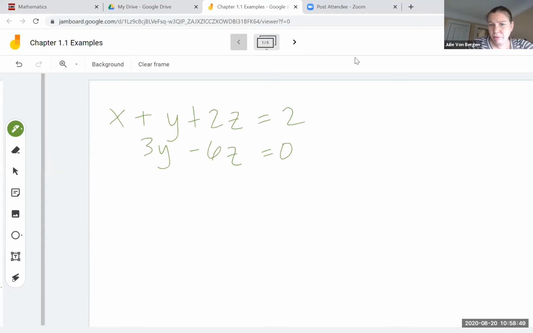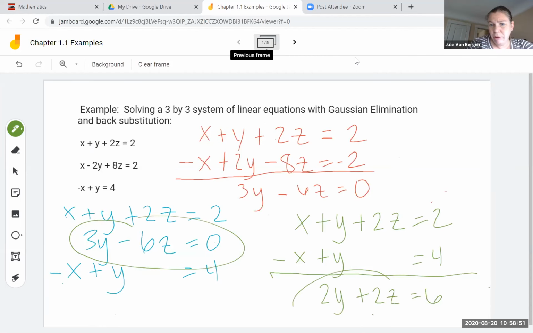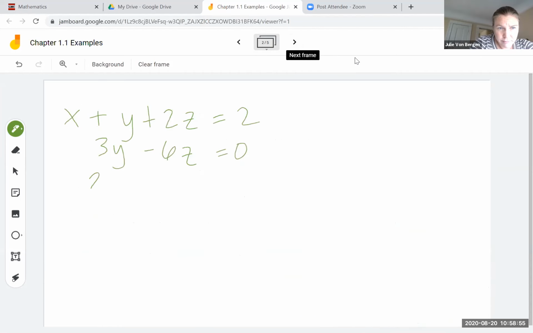And our third equation is this new equation that we've worked out, 2y plus 2z equals 6. I want to get z by itself in the third equation, so I am going to do that by taking equation 3 and equation 2 and rearranging them.